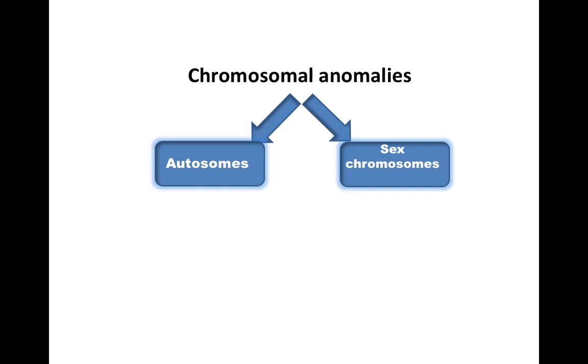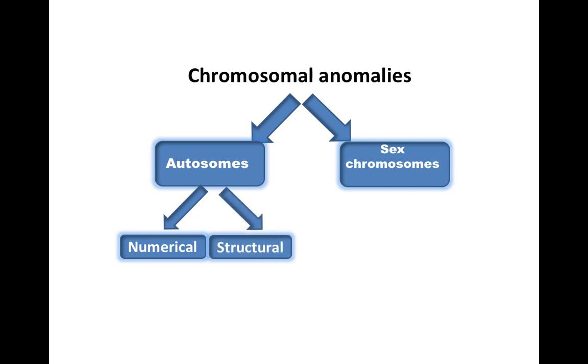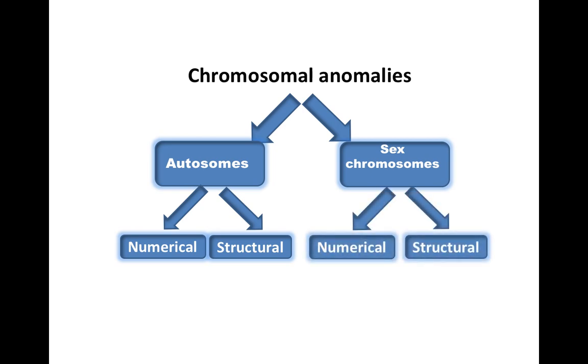Usually, the effect of the sex chromosomes is much milder than the autosomes, and mainly it is related to sexual development. What types of chromosomal abnormalities can we see? It is either numerical, if there is a change in the number of chromosomes, or structural, if there is a change in the structure of the chromosome. Same thing with the sex chromosomes.